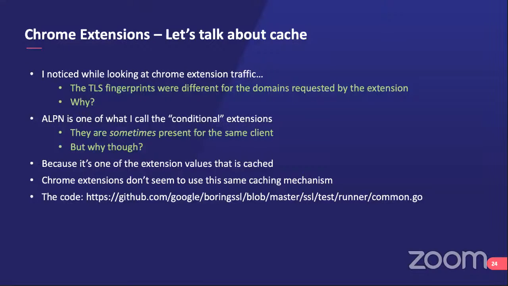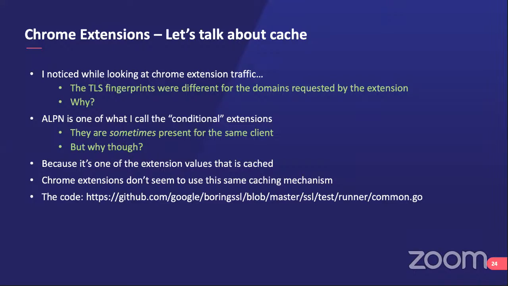So the ALPN value, which comes up a lot, I think because people put their plain text protocols in there, and it's one of the often exposed things. If you have an SSL library that you want someone to build an application with, you probably want to support several different protocols and let them make a decision about which ones. That's just an assumption, but that's probably why it comes up a lot.